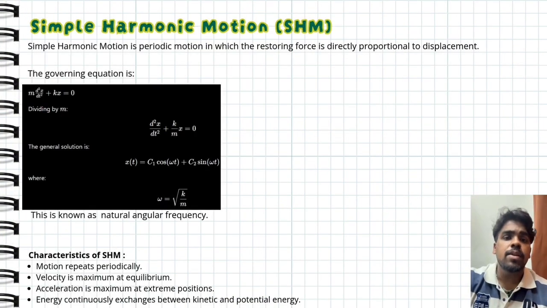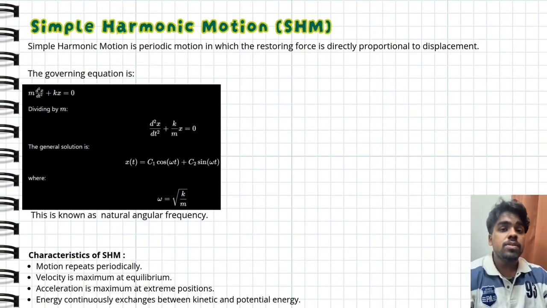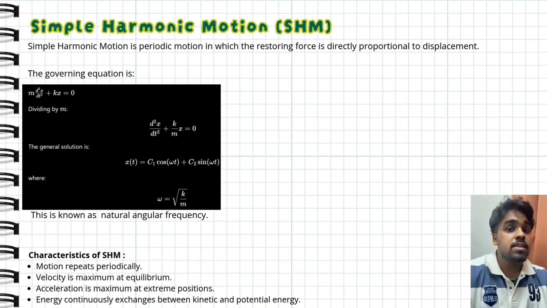Next, we have simple harmonic motion, or SHM. This is a periodic motion where the restoring force directly opposes and scales with displacement. In SHM, there are 4 steps to complete this. First, the governing equation, where m d squared x over dt squared plus kx is equal to 0.